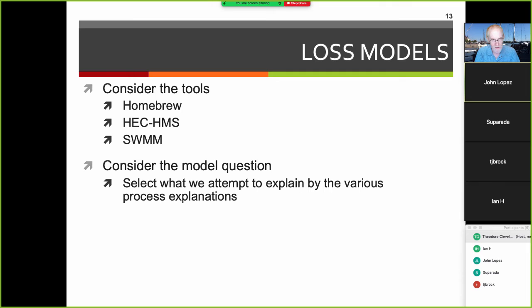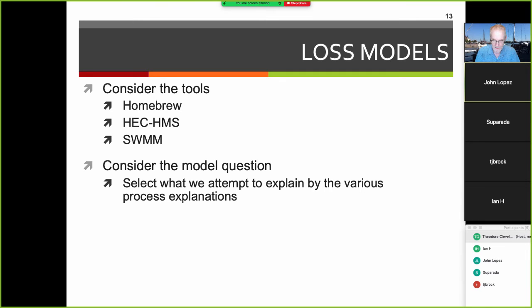So in considering loss models, you have to examine the tools that you have. Are you making this yourself? I call it a homebrew. Are we using HEC-HMS, SWIM, something else? The tools will to some extent dictate how you will have to conceptualize the loss for a particular case. And then the second thing is, what are we asking of the model?